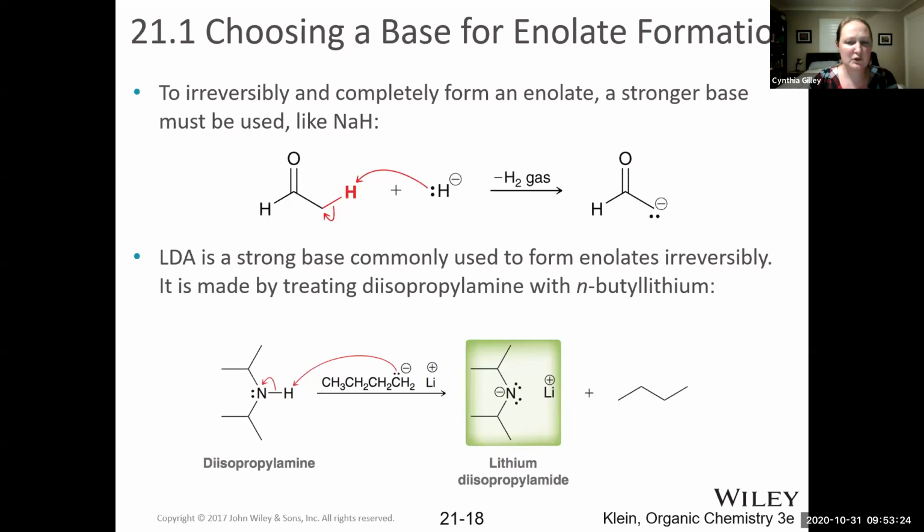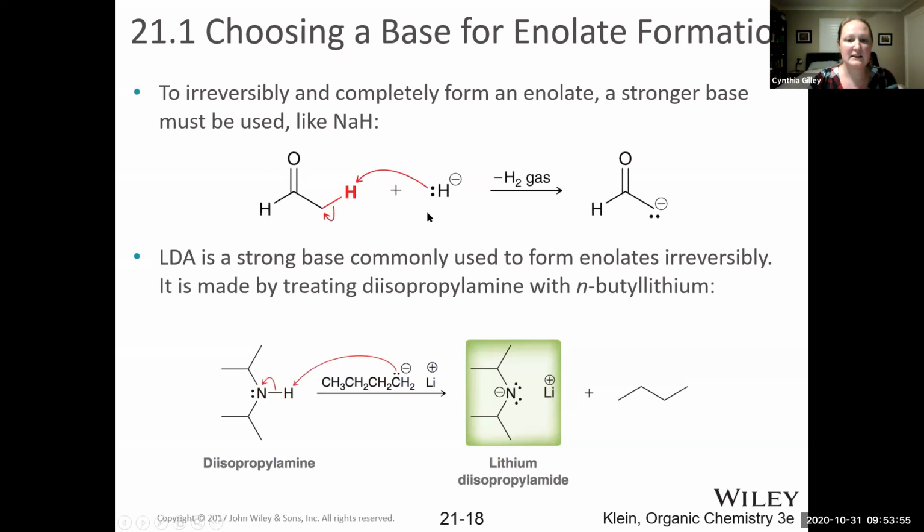Let's look at some other choices of base. Instead of ethoxide, let's look at hydride that might be supplied by, for example, sodium hydride. Hydride is a very strong base, and it can deprotonate the alpha position of an aldehyde or ketone to form an enolate. When it does so, the conjugate acid is hydrogen gas, which if allowed to bubble out of solution will drive the reaction forward to form more enolate.